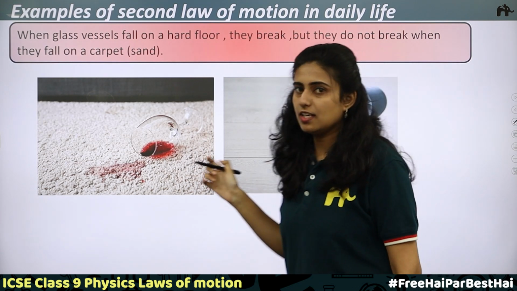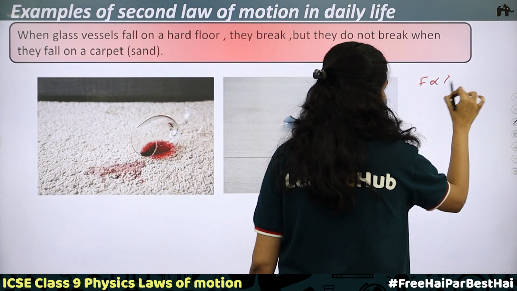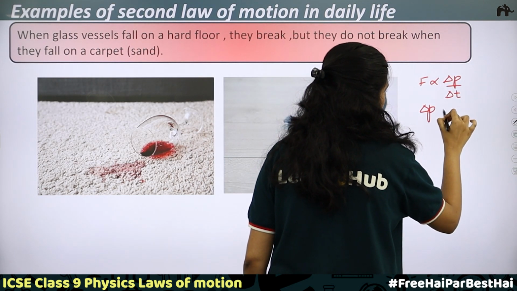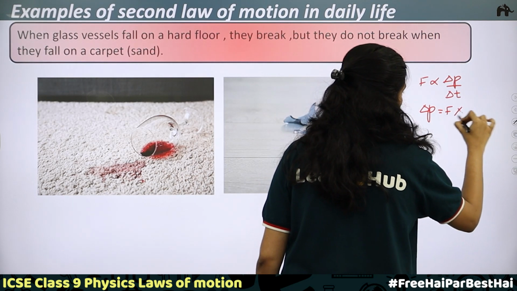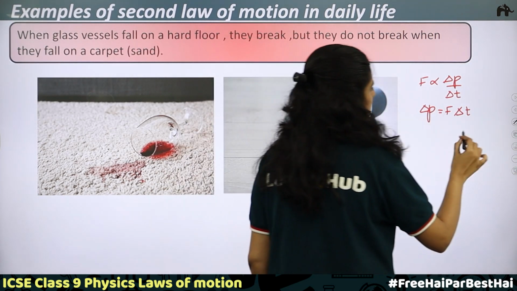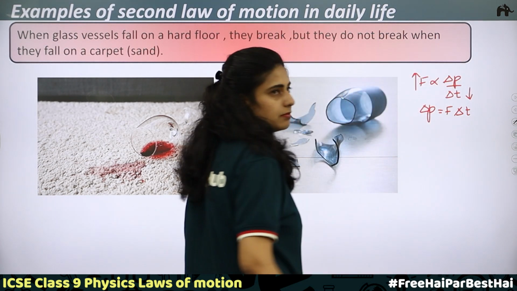So, what is the reason here? Again, the same thing: force is directly proportional to rate of change of momentum, and change of momentum is equal to force into delta T. So here you can see when the time interval decreases, force increases.